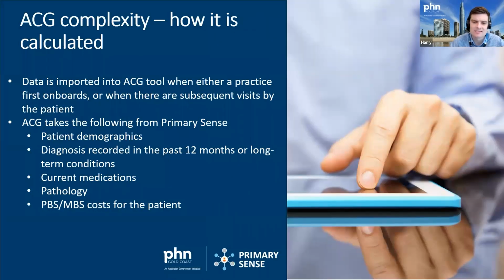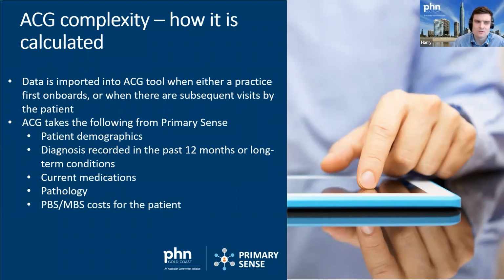You may ask, how is the ACG complexity score calculated for patients in my practice? First, data is imported into the ACG tool automatically by Primary Sense when either a practice first onboards or when there is a subsequent visit by that patient.